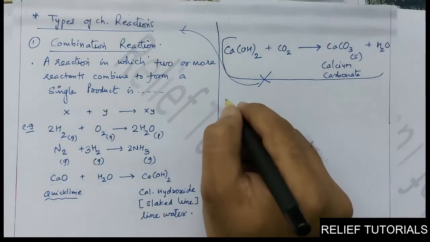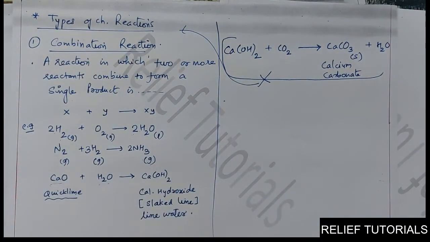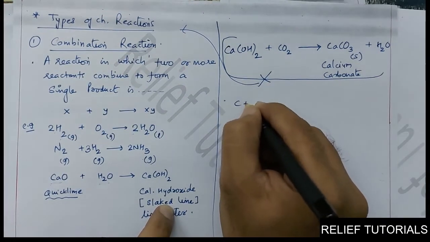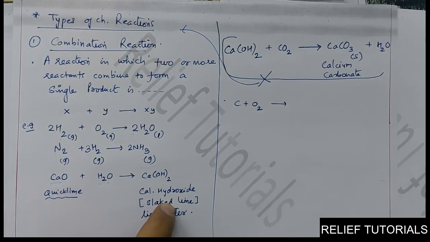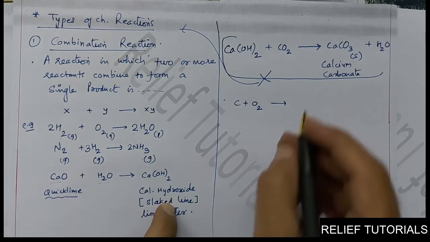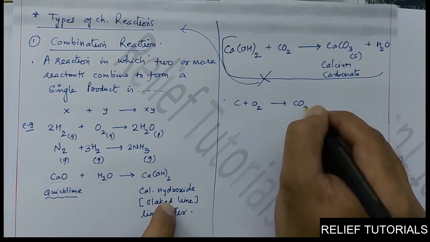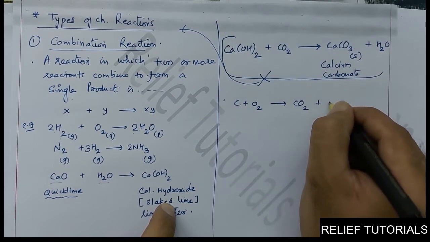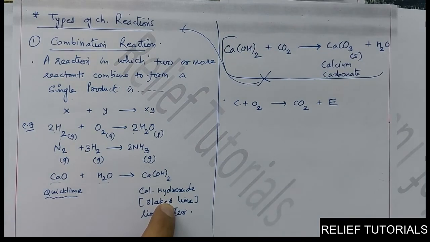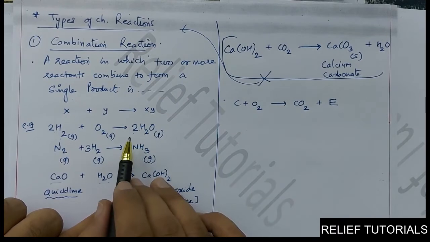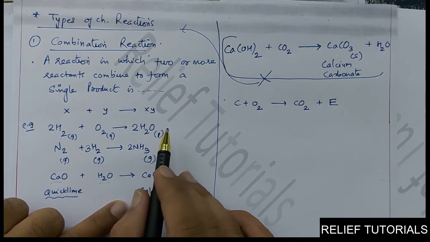Okay, some more examples of combination reaction. C plus O2. When you burn coal, coal means carbon. So when we burn coal in presence of oxygen, it forms CO2 and gives an enormous amount of energy. Also when H2 plus O2 gives H2O, they release a certain amount of energy.